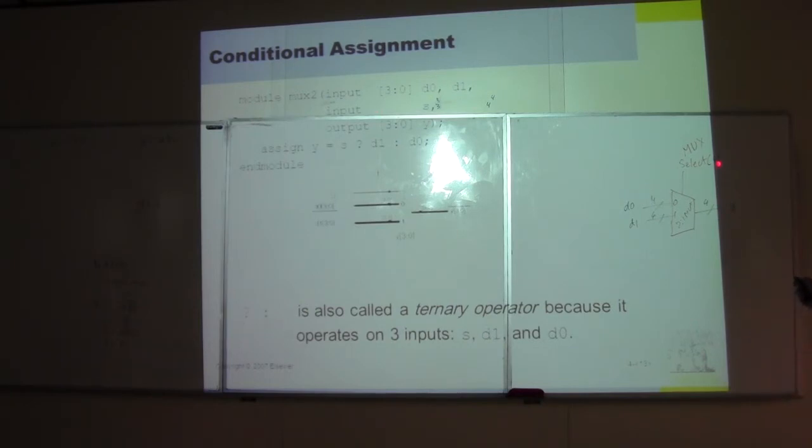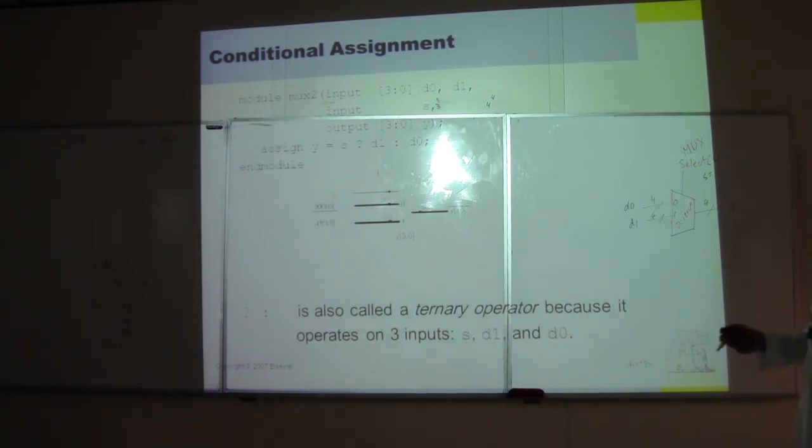So here, this input S is a single bit, either 0 or 1. And these two inputs are each 4 bits, D0 4 bits, D1 4 bits. So if you give S equal to 0, the 4 bits in D0 will come to the output. If you give S equal to 1, the 4 bits in D1 will go to the output.